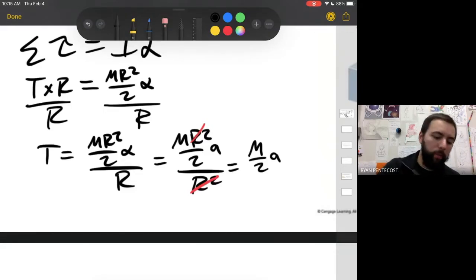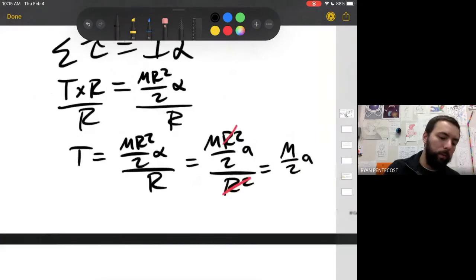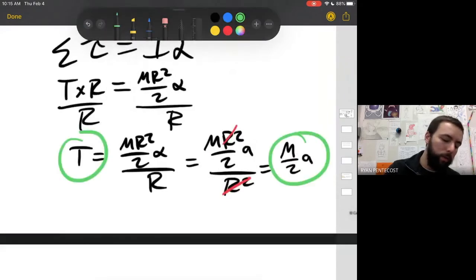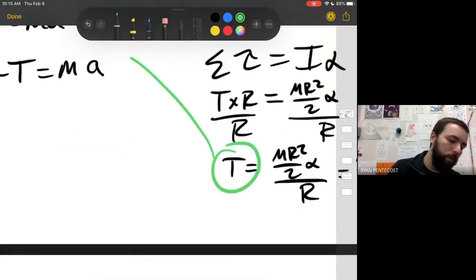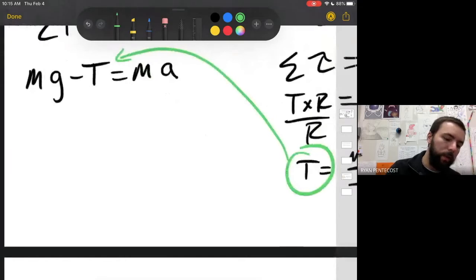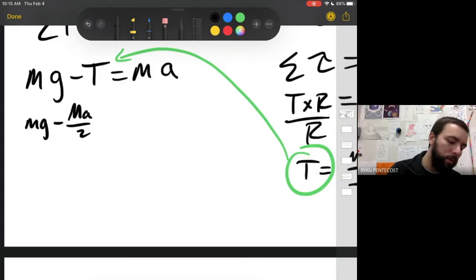Now we're going to put that back over here. That is our tension, and our tension goes right there. So we now have little mg minus big M a over 2 equals little m a. Now we're going to get the a's on both sides and isolate.